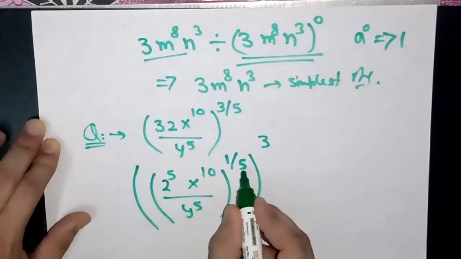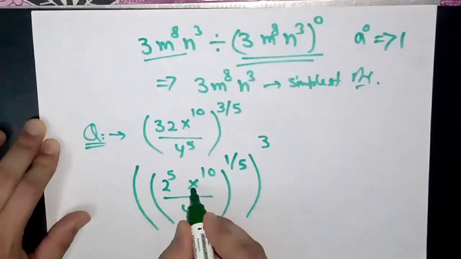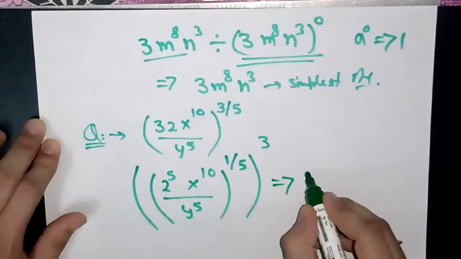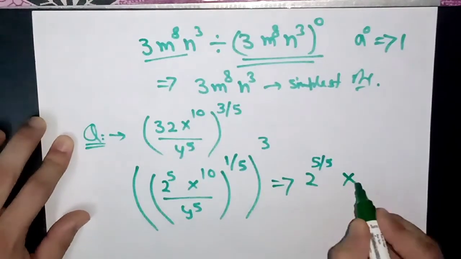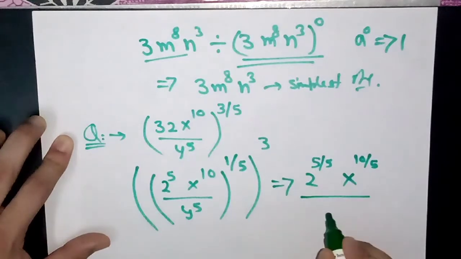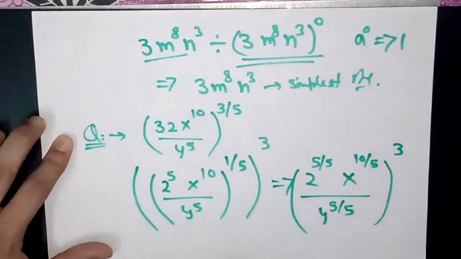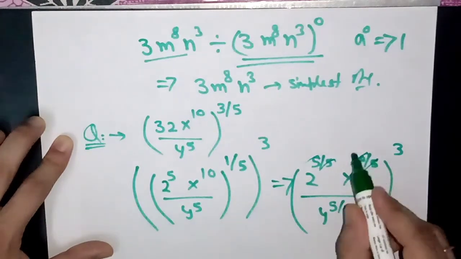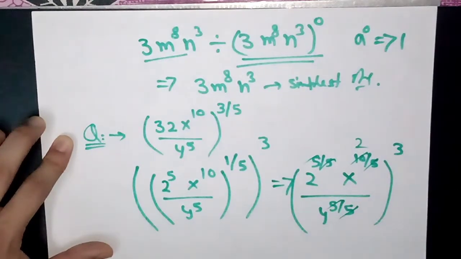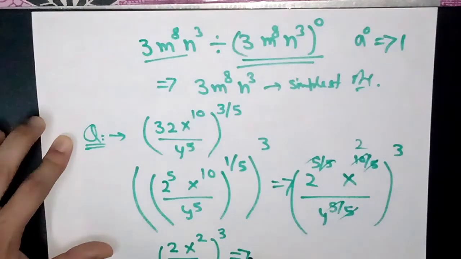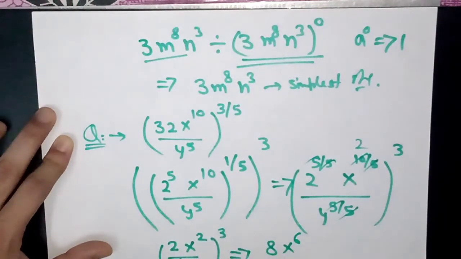Now this power gets divided to each of 2, x and y. So this can be written as 2 to the power 5 by 5, x to the power 10 by 5 and y to the power 5 by 5, whole to the power 3. Some of these get cancelled, so we are left with 2 into x square by y, whole to the power 3, which is equal to 8 x to the power 6 over y cube. So this is the answer of this equation.